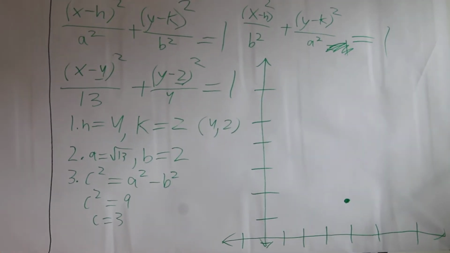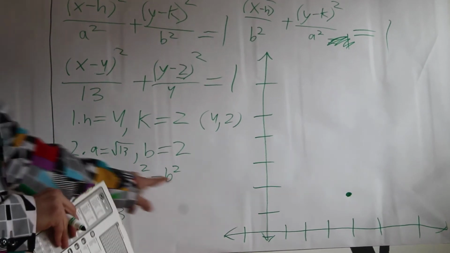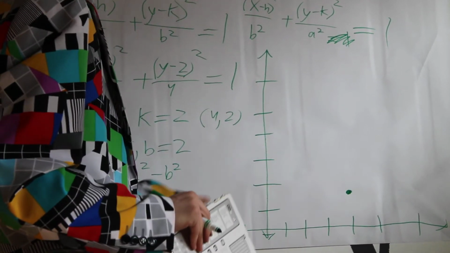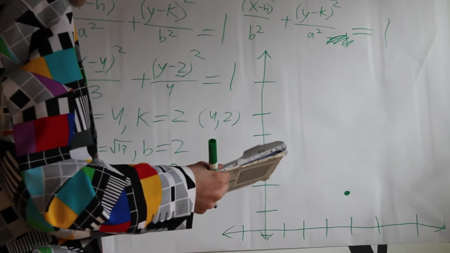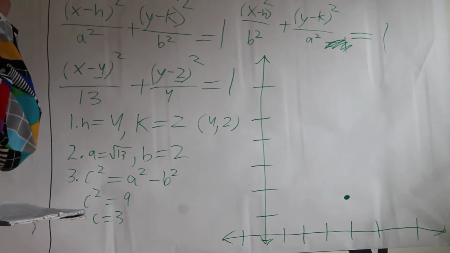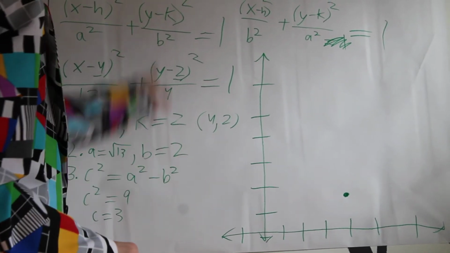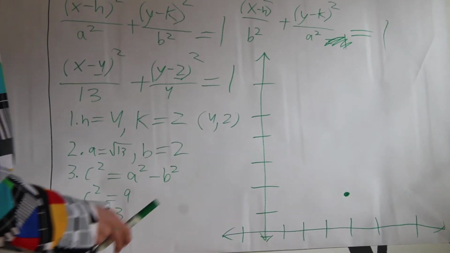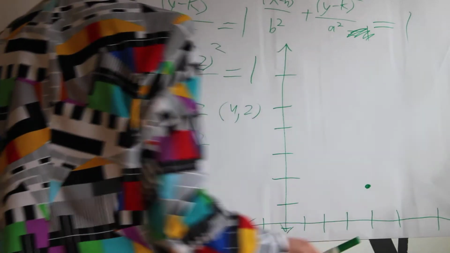Then, what you're going to do is just like when you counted square root of 13 up and square root of 13 down for A, and B was 2 over and 2 that direction, you're going to be doing a similar idea. Actually, my bad. A is under X, so that's side to side, B is up and down. So instead of counting from here, you're going to be counting it from over here.